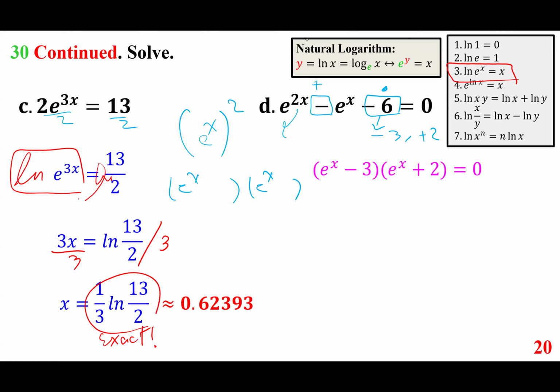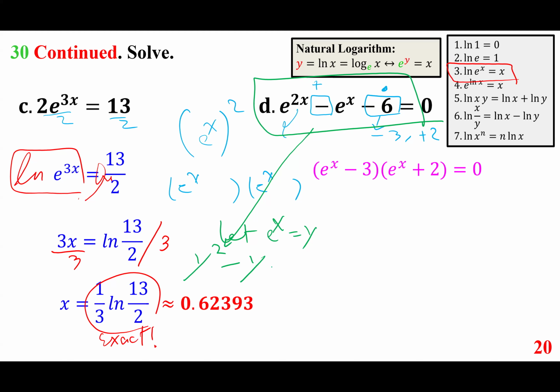Now, this is the way to do it. However, if this is hard to follow, you can go with the following. Let e to the power of x be anything except x, for example, y, then this becomes y squared minus y minus 6 equal to 0.